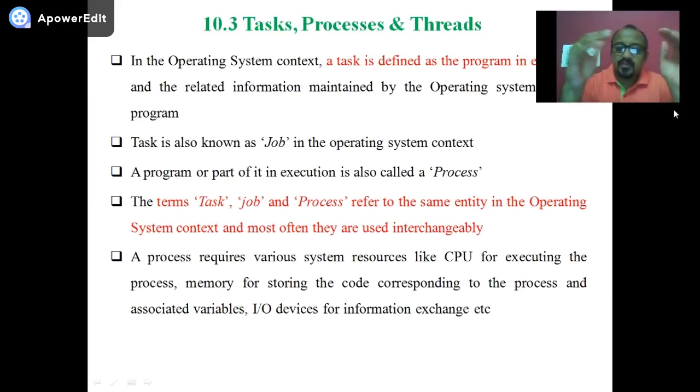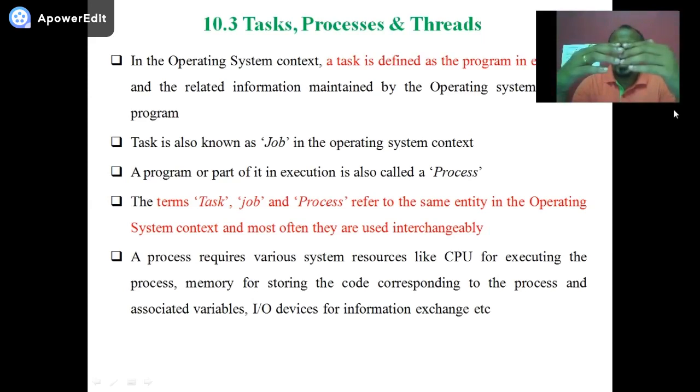And that we call a task. Not a separate program; within the same main program only we write sub programs, and that we call a task or job or a process. And task and process are interchangeable.